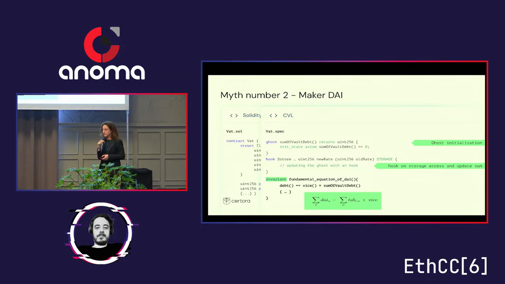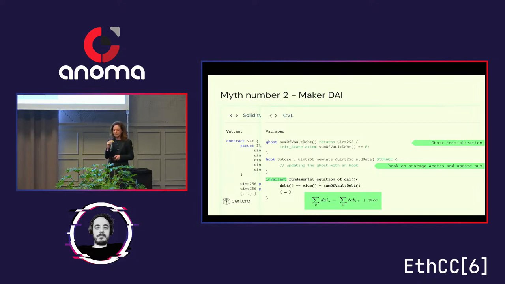The way that it works here, they implement an invariant, which is actually a rule which is checked for all the states in the contract, which means that we are proving the invariant by induction. Every time that a function is called, we will check that the invariant still holds. And you can see here that they just implement the same equation as they wrote before. This is the fundamental equation of DAI.